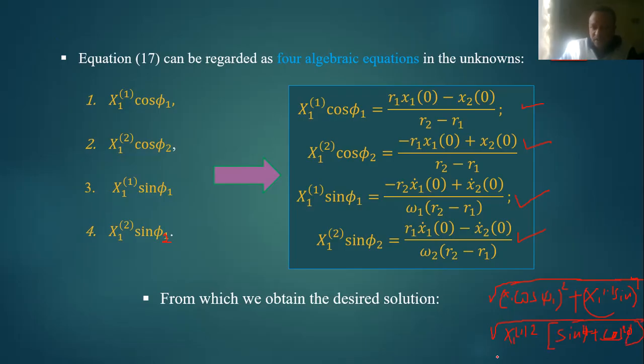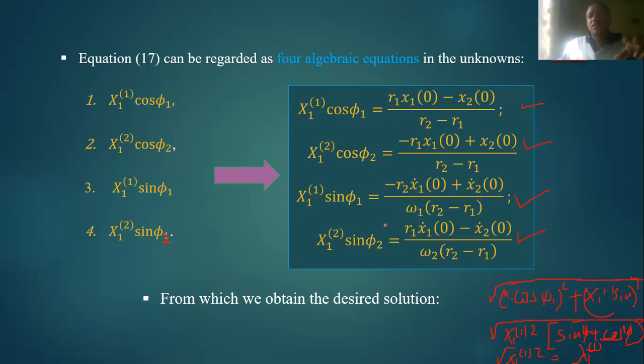So from here we get the radical of x1 of 1 squared, which gives us x1 of 1. So x1 of 1 is equal to this square under the radical plus this square under the radical.